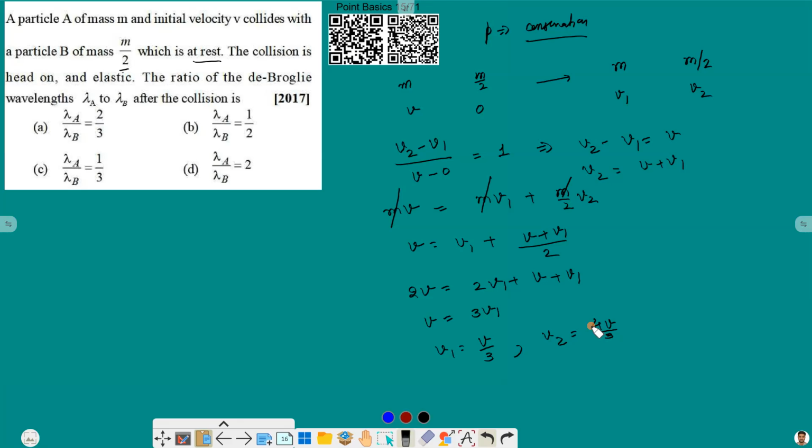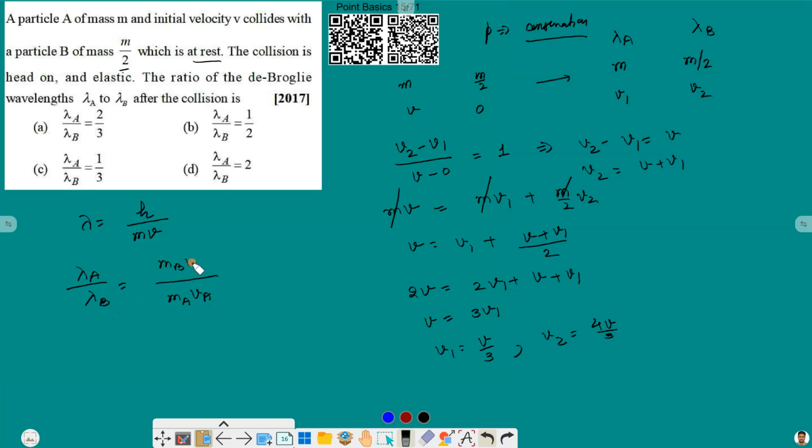So now coming to the ratio of the de Broglie wavelength after collision. After collision, assume one has de Broglie wavelength lambda A, the other has de Broglie wavelength lambda B, and lambda is equal to h by momentum. So lambda A by lambda B will be equal to mb vb by ma va.